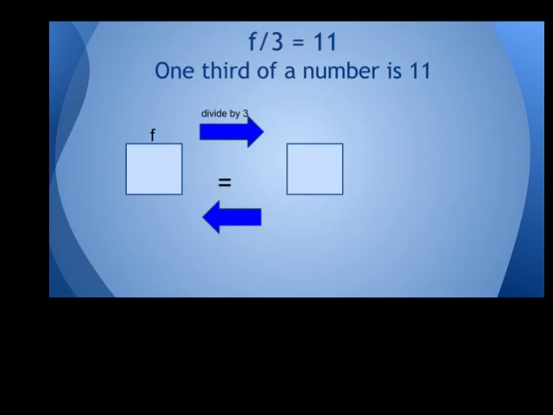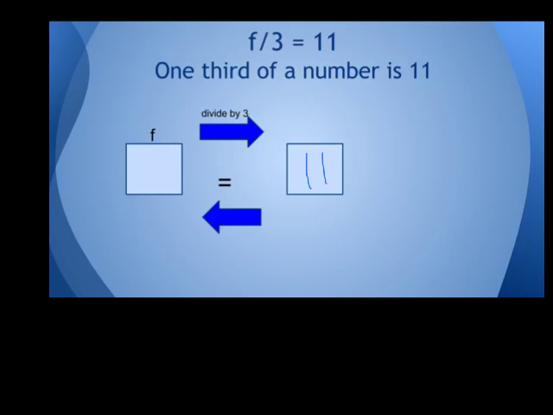Okay, f divided by 3 equals 11. We could use a story to represent this, like 1/3 of a number is 11, or a number divided by 3 is 11. So we start by putting our f. What happens to f? We divide it by 3. After we divide it by 3, we have a result of 11. Okay, so now we need to show the inverse operation to go backwards.